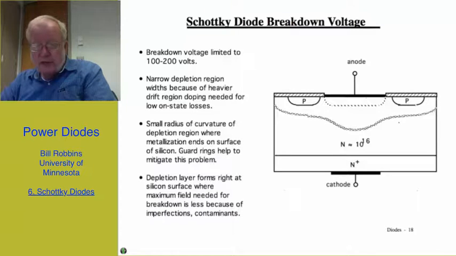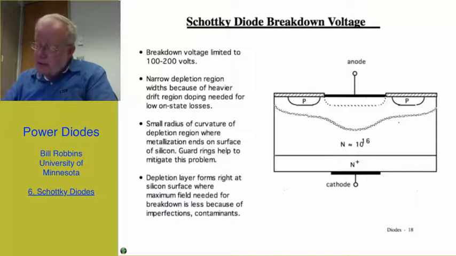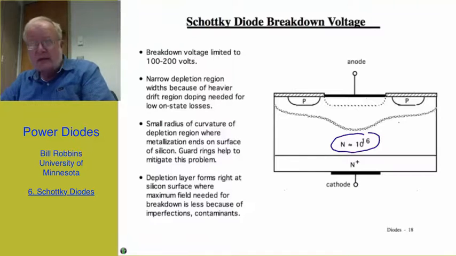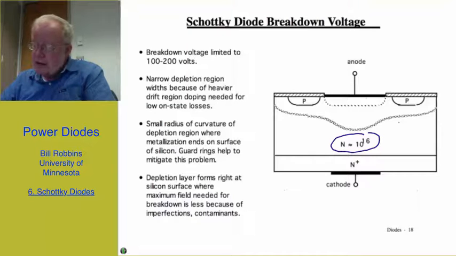We find that we're going to have no more than a 100 to 200 volt breakdown rating, because we must have a doping density in the drift region around 10 to the 16th in order to carry reasonably sized currents useful in a power electronic application without excessively high voltage drops across that drift region. And of course, we must have guard rings in order to keep that voltage up, based on a plane parallel approximation.